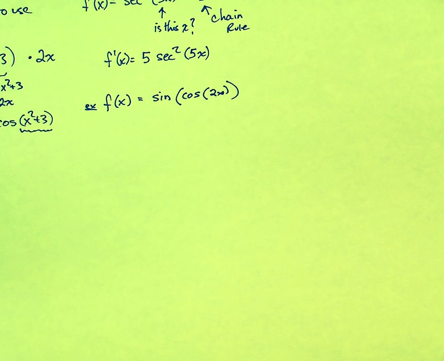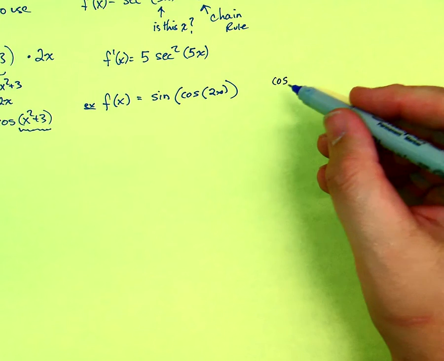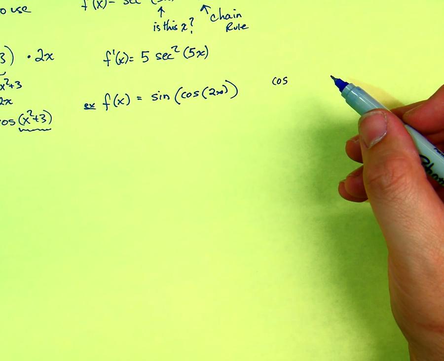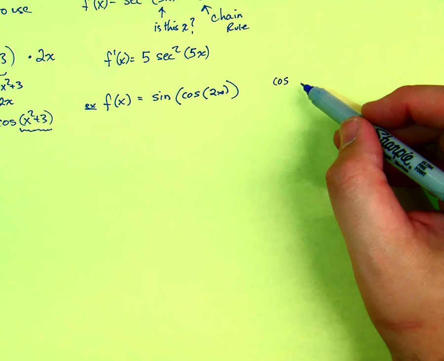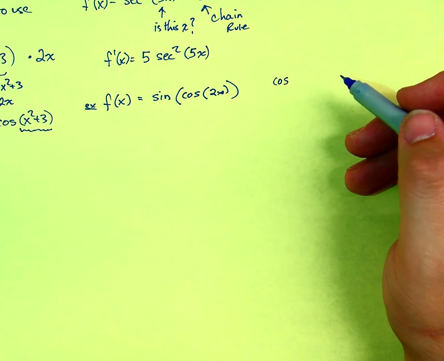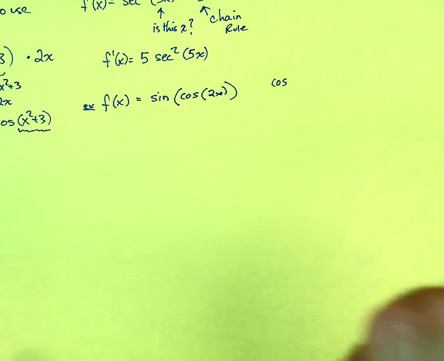Would it be cosine of 2x times negative sine of 2? No. But you're close. Would it be cosine times negative sine 2x? You're close. The cosine of the cosine of 2x times the negative sine of 2x times 2. Yes.